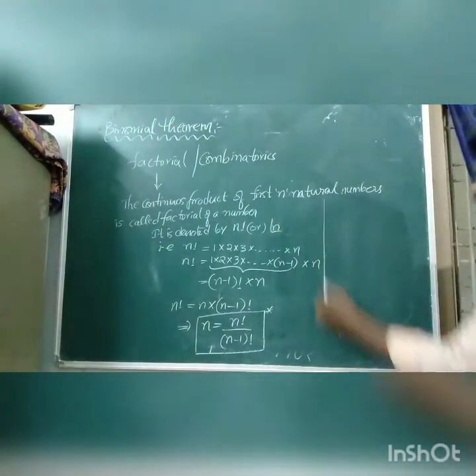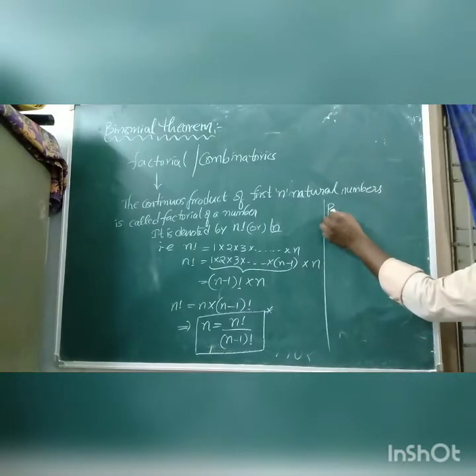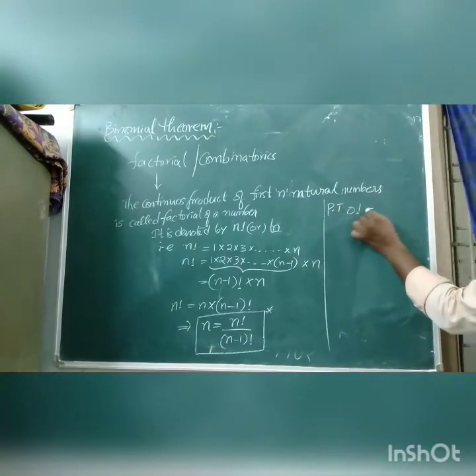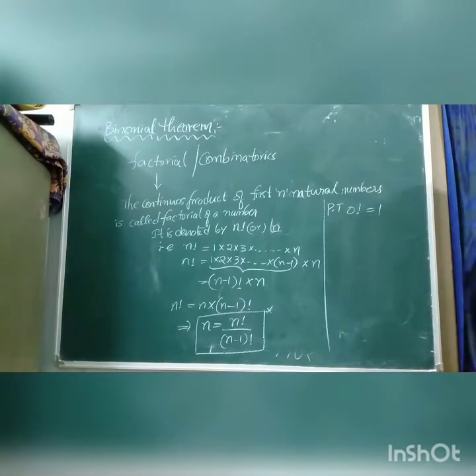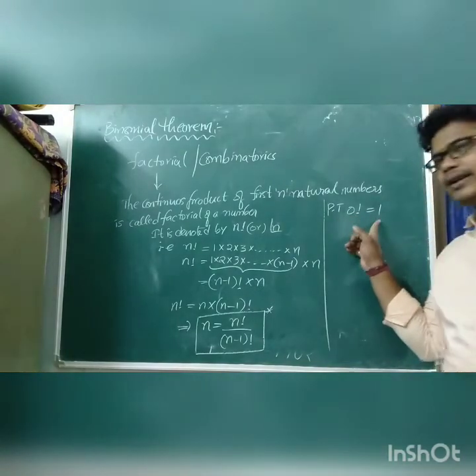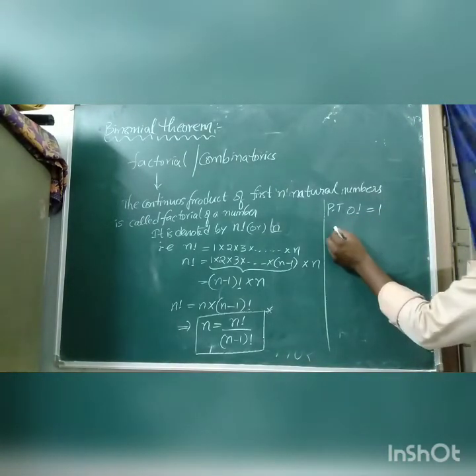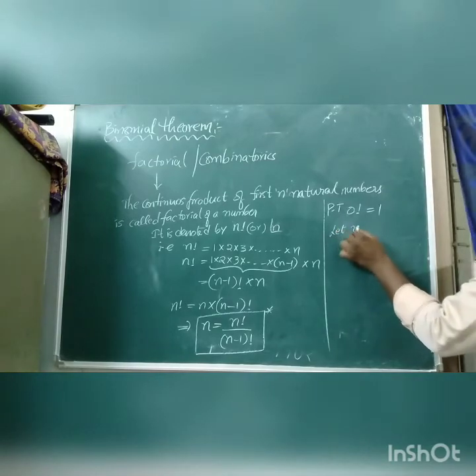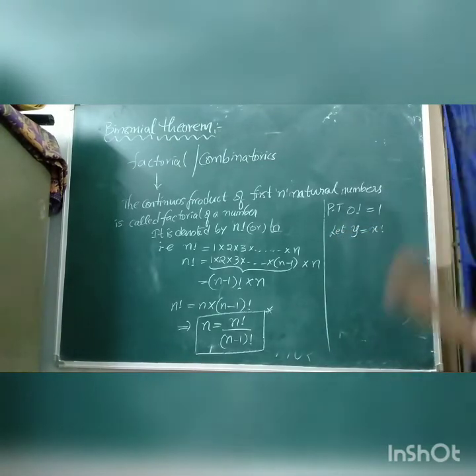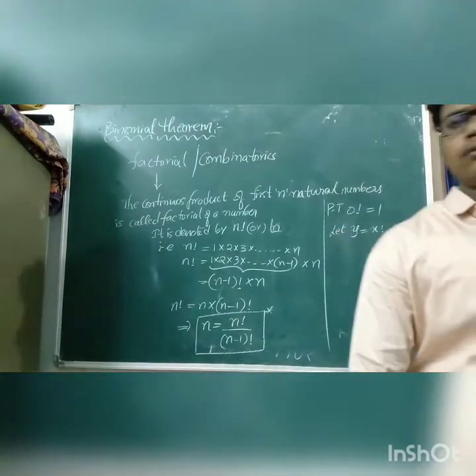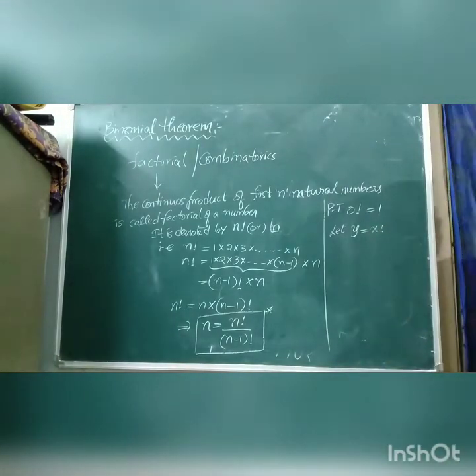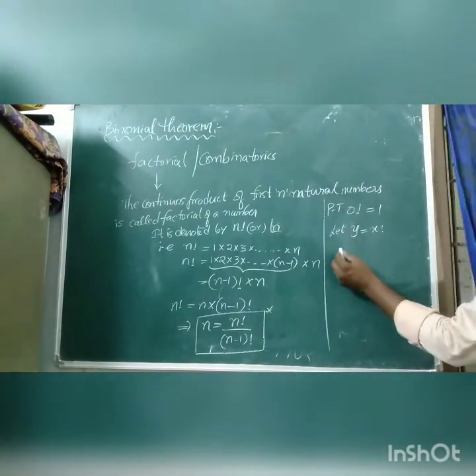Okay, we have a question: prove that 0 factorial equals 1. How can we prove that 0 factorial equals 1? Let y equal to x factorial. Let y equal to x factorial. What will be the domain of y?